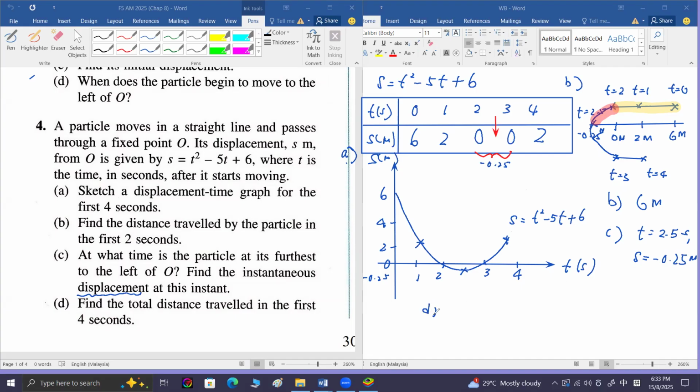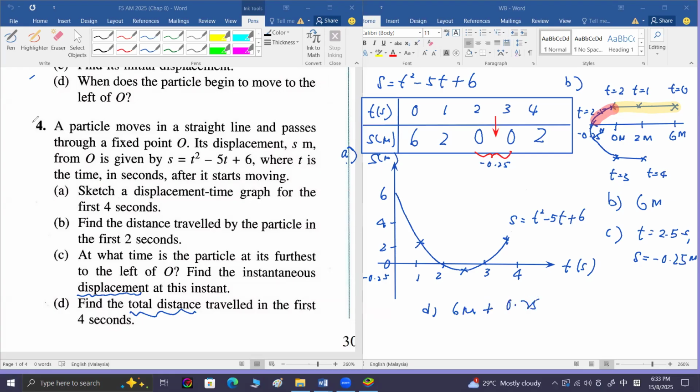Okay, look at D. Just now I have drawn this. The main purpose for me to teach you to draw this is to get the total distance. Now you see the yellow one? 6 meter. See the red one? 0.25.